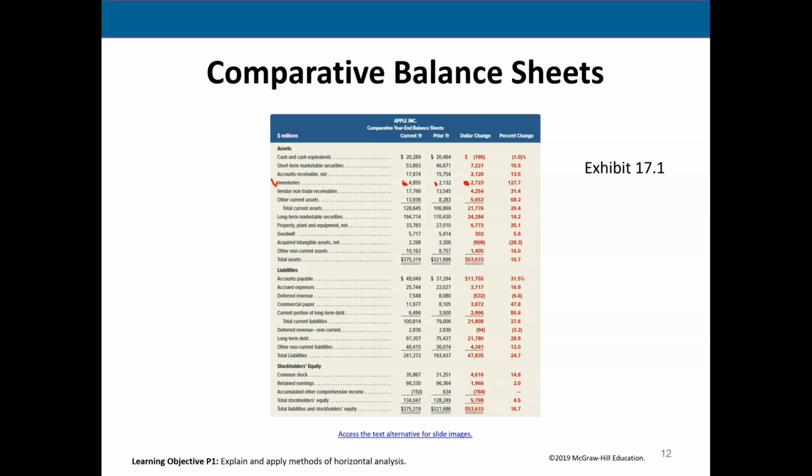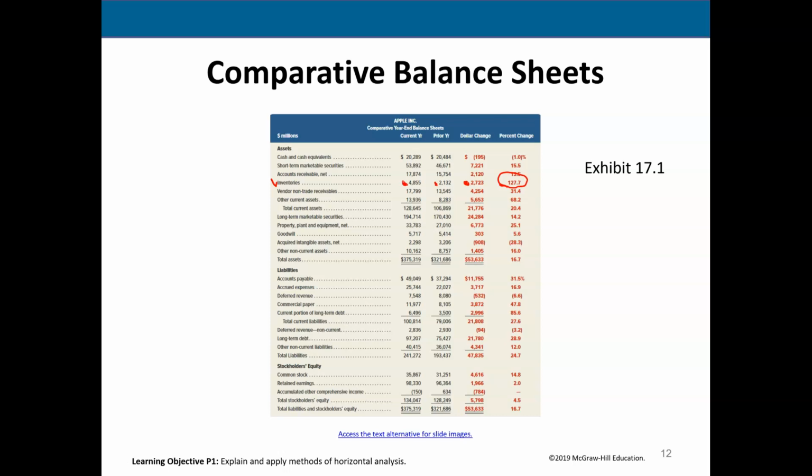But until you really quantify it in a percentage, you don't really see how much of a change that is. The prior year was a little over 2,000. The current year is almost 5,000. That is a percent change of 127.7%. It increased 127.7%.